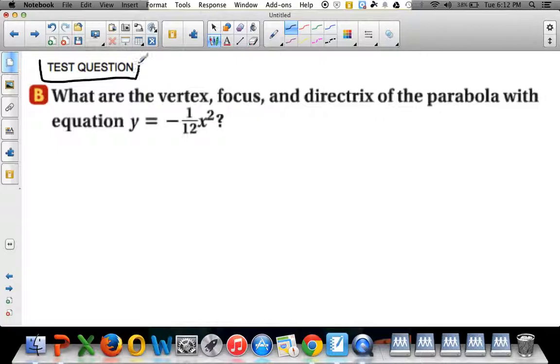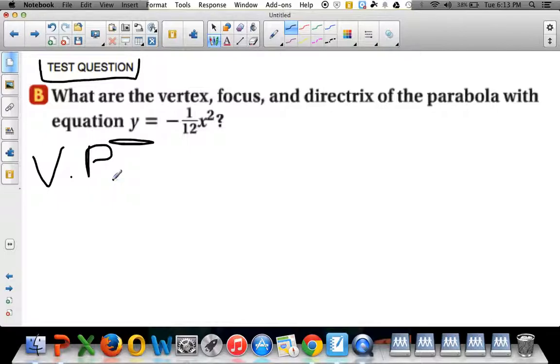Test question. What are the vertex, focus, and directrix of the parabola with the equation y equals negative 1/12 x squared? So this is a y equals parabola, which automatically tells me it is a vertical parabola. So I'm going to use either my vertical parabola with the vertex at 0, 0, or my vertex h, k.